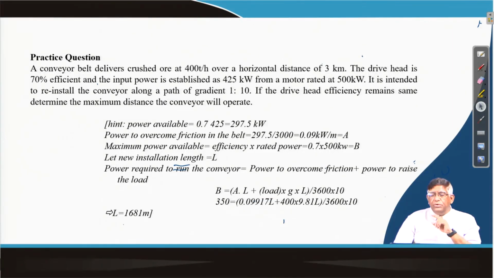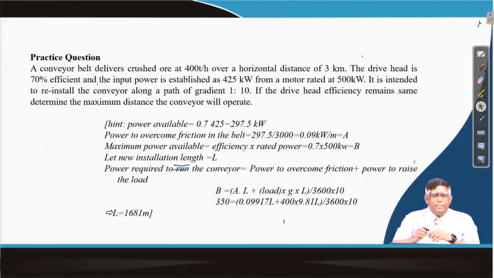It is intended to reinstall the conveyor along a path of gradient 1:10. If the drive head efficiency remains the same, determine the maximum distance the conveyor will operate. Same problem, only that you are asked to do it in a different manner.